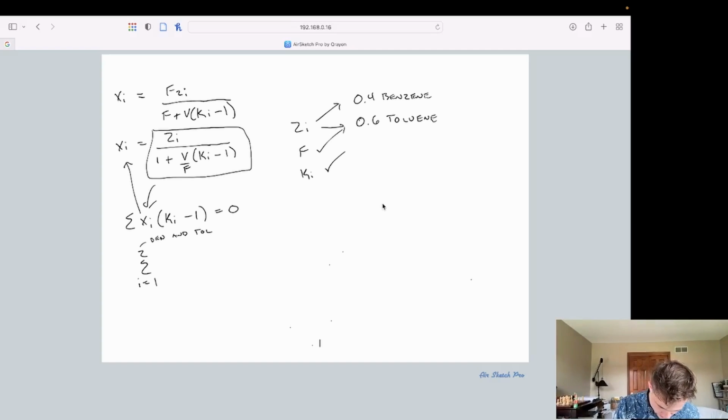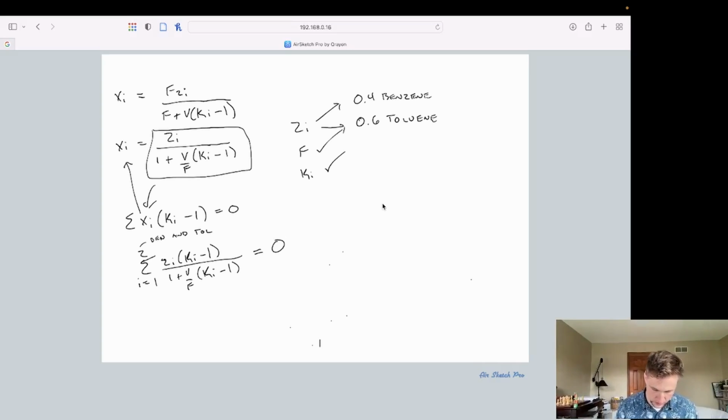So the sum from i all the way up to the total amount that we have, and substituting this in, is Zi multiplied by Ki minus 1, all of this over 1 plus V over F multiplied by Ki minus 1, and this equals 0.